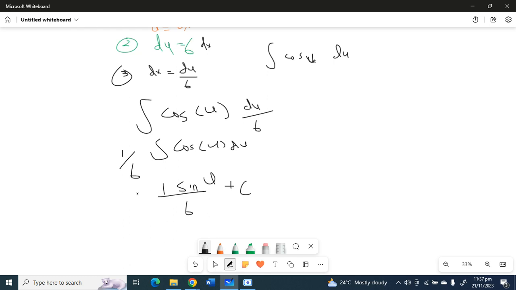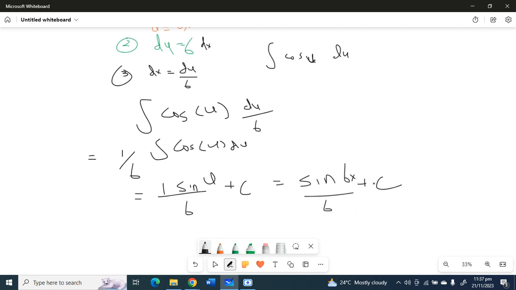Then we need to replace our u with 6x. So our answer becomes sine 6x over 6 plus c.